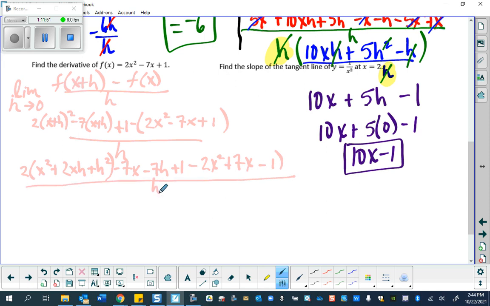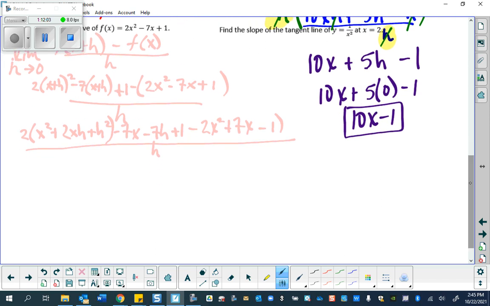Can you even see it in pink? Now I'm going to distribute that 2. 2x squared plus 4xh plus 2h squared. Taking a breather, because now comes the rest. Minus 7x minus 7h plus 1 minus 2x squared plus 7x minus 1, all over h.